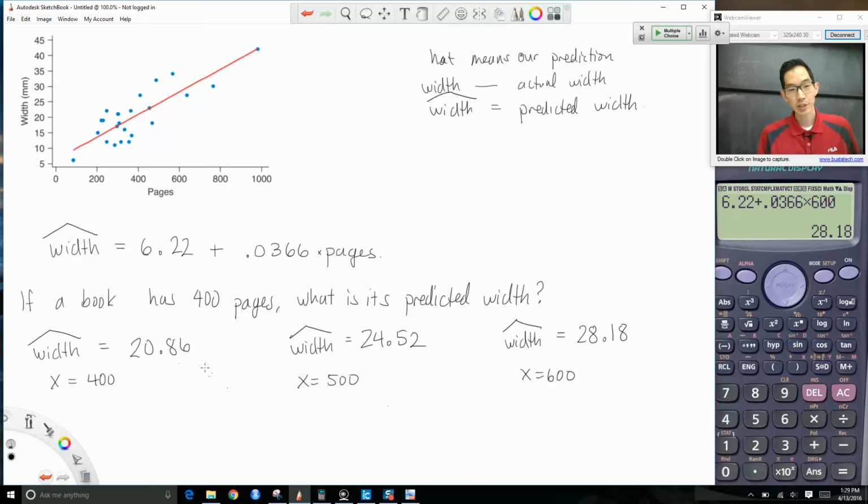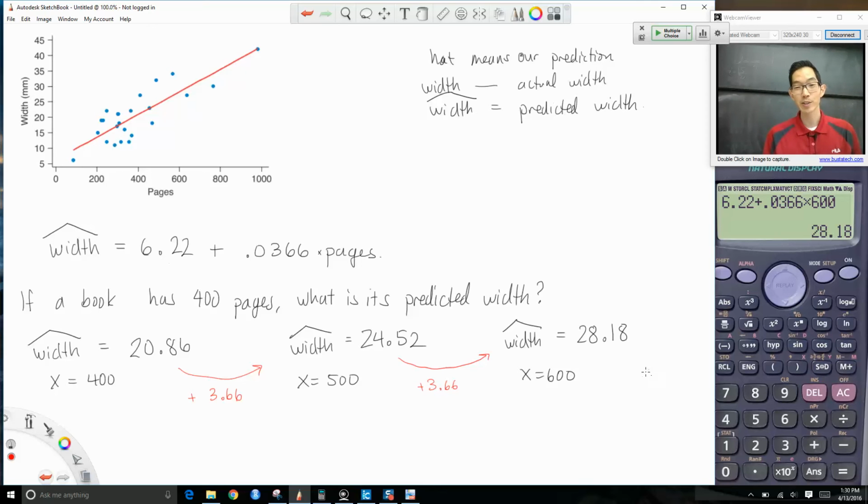How much did my prediction change going from this prediction to this one? What did I add? 3.66? And how much did the prediction change from here to here? 3.66, okay.